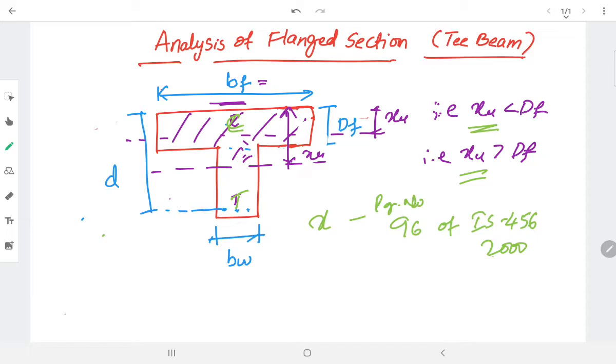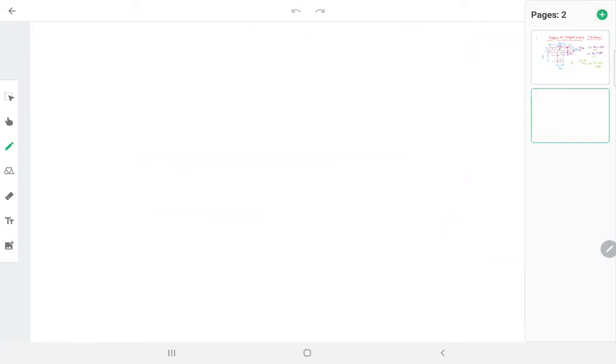Once it is calculated, we can easily find out what exactly the type of T beam is. Here we have the flow chart. Before going to the flow chart, we'll be discussing something about the types, that is there are 4 types. Initially we will draw a flow chart.